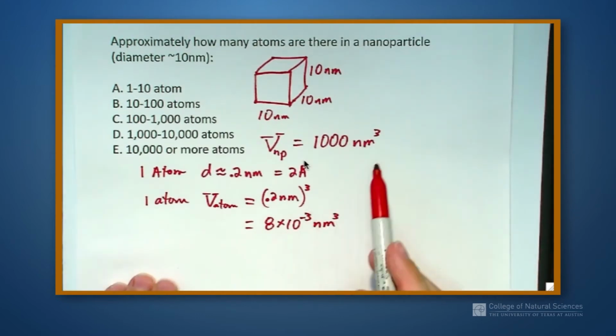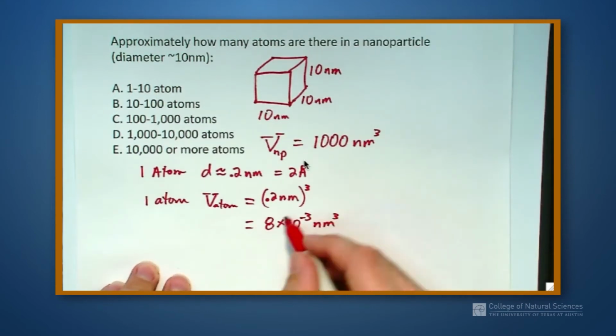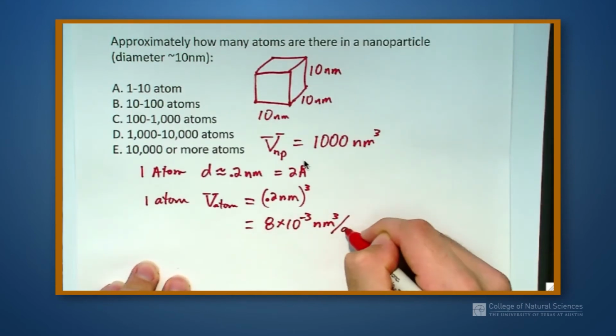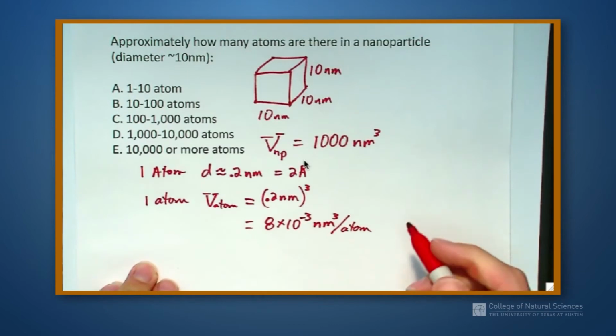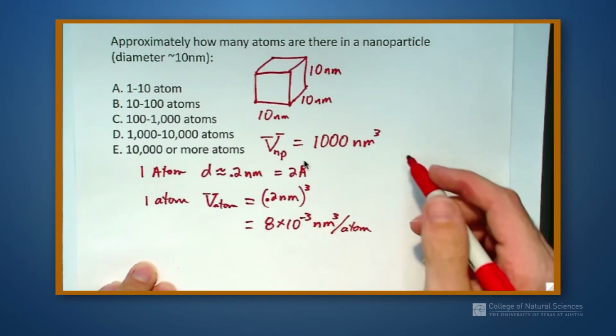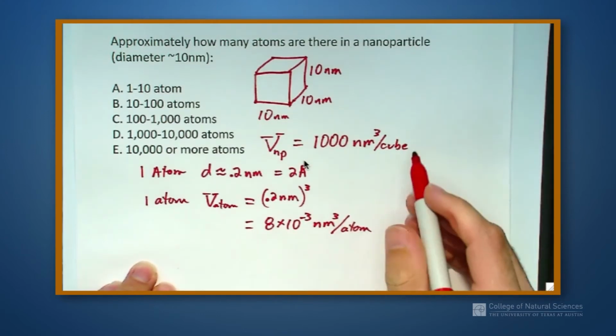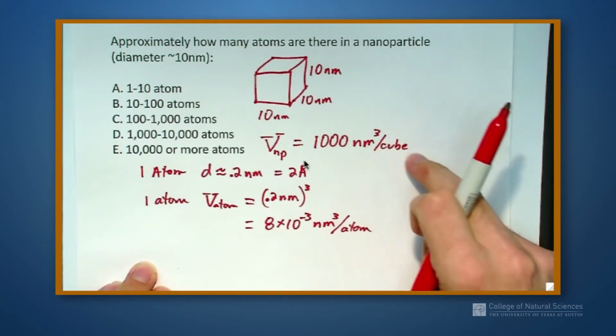So now I have to figure out how many of these little cubes fit in that. And that's actually pretty easy. I know that this is the volume per atom, and this is the volume per cube. So I want to figure out how many atoms fit in this cube.